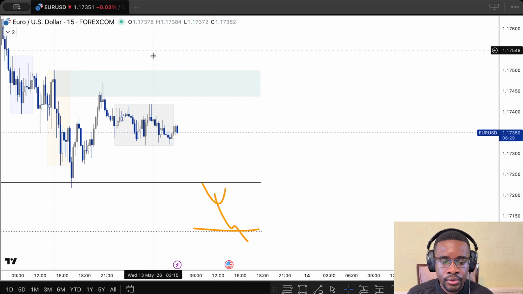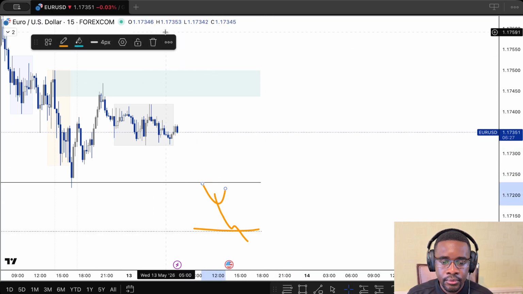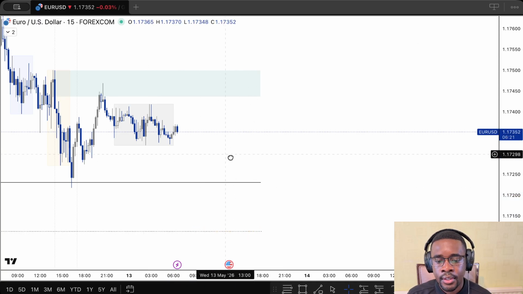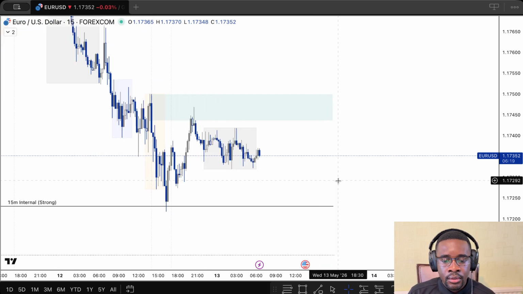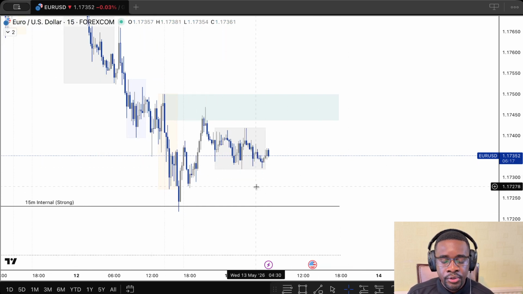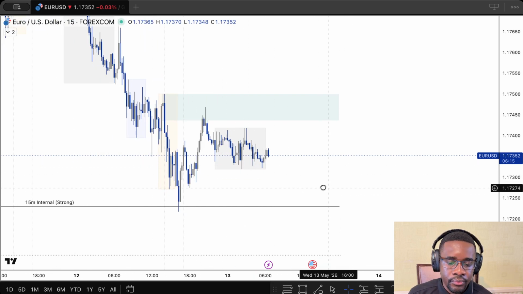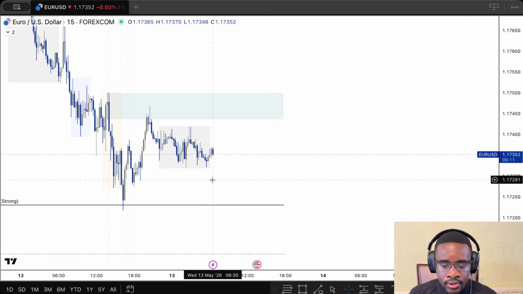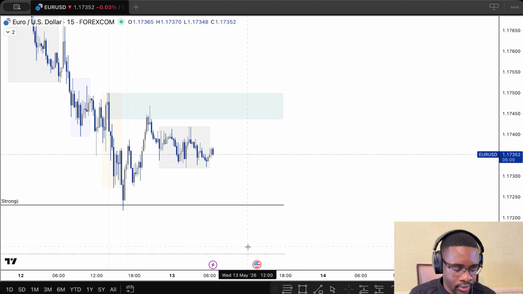So this is what I'll be looking at, at least that's what I'll be anticipating. The price will continue to the downside. Otherwise, it's not very clear. So you could just do well also to just stay away until price prints something that's more clear.